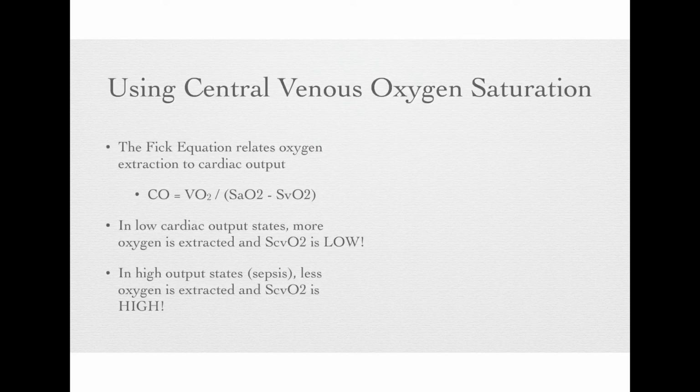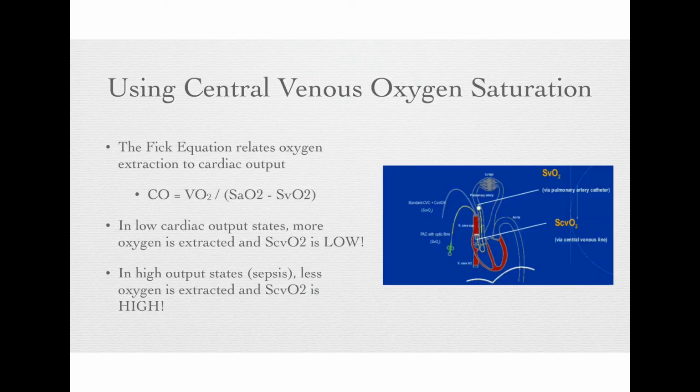Conversely, in high output states, such as sepsis, less oxygen is extracted from the arterial blood, and so the central venous oxygen saturation will be high. Central venous oxygen saturation is typically measured by drawing a venous blood gas from a central venous catheter.